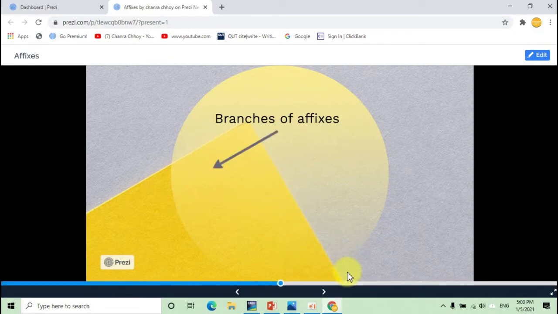So this is number one. The branches of affixes are divided into prefix, infix, and suffix. Sometimes they say the structures of affixes, or the branches of affixes, or I can say the flow connection of affixes.